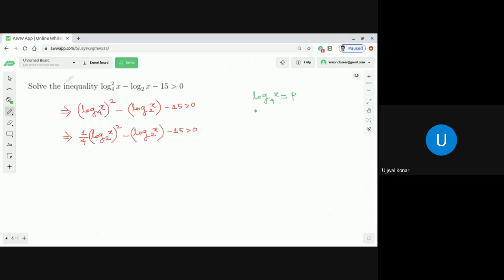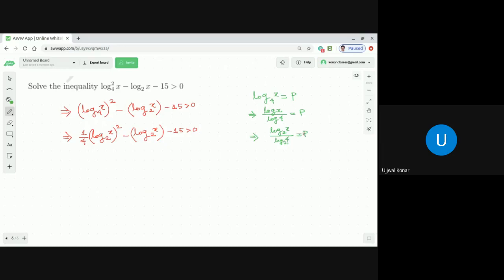How? Let's see. From the fundamental definition, we get log of x by log of 4 is equal to p, and it could be of any base. So if we consider the base as 2, here also it has to be base 2.